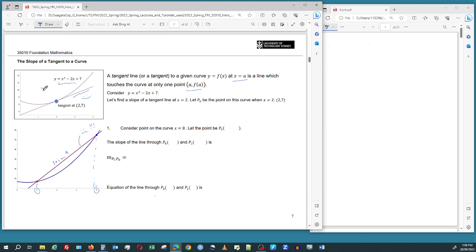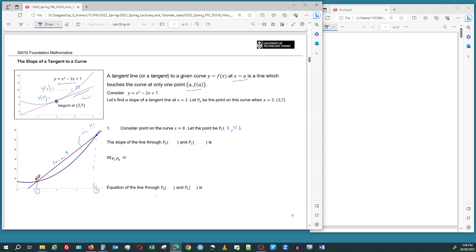So function notation, let's put 8 in. What will we get? Well, it turns out we'll get 55. So if we put the point in, 8 to 55, we'll need another one. Well, we've got 2. We could put y2 in. So what would be y2? Just take it off the graph because it's there at 2.